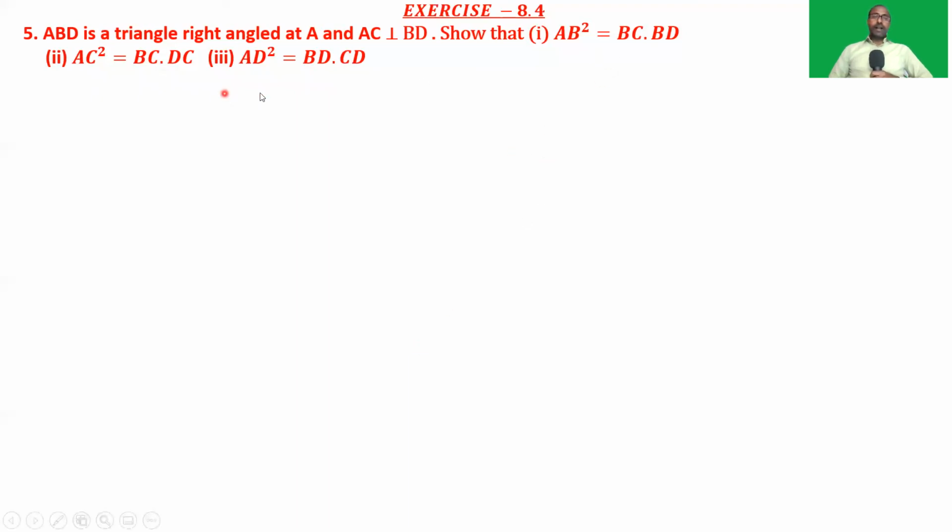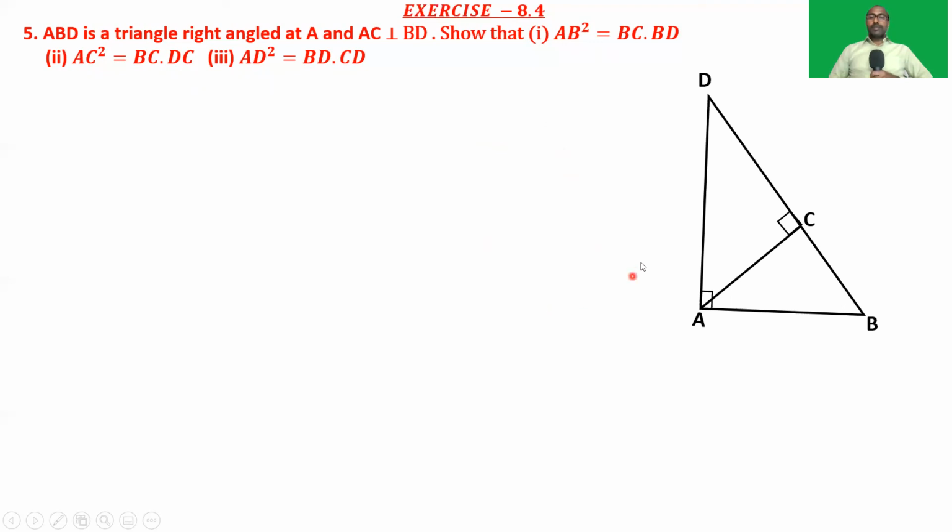So we prove all these results like the earlier problem. So here it is given that triangle ABD is right angle at A and AC is perpendicular to BD. So as AC is perpendicular to BD, now the triangles on the side of this hypotenuse both are similar and also they are similar to the whole triangle.